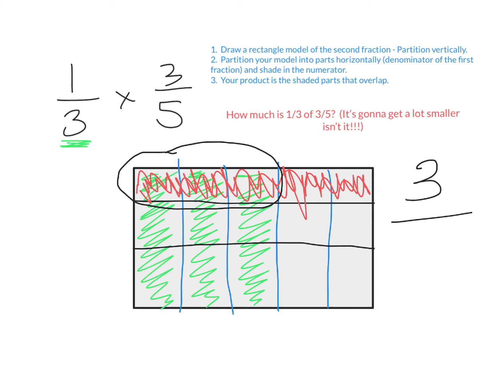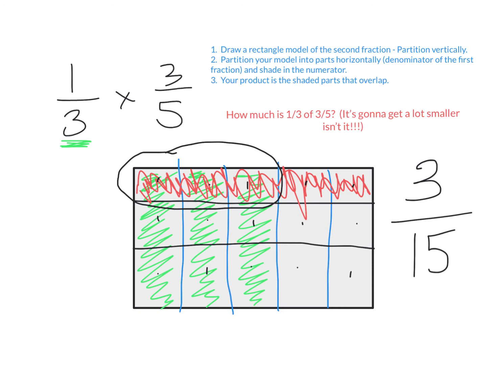If I count 1, 2, 3, 4, 5, 6, 7, 8, 9, 10, 11, 12, 13, 14, and 15, that becomes my new denominator. So 3 out of 15 are shaded.